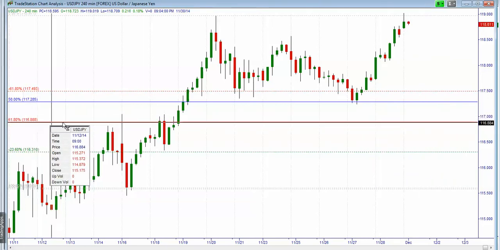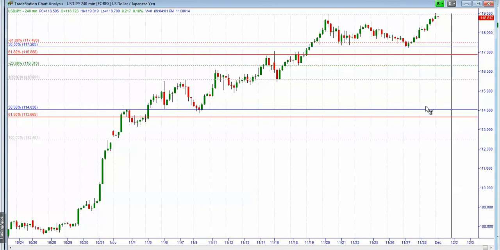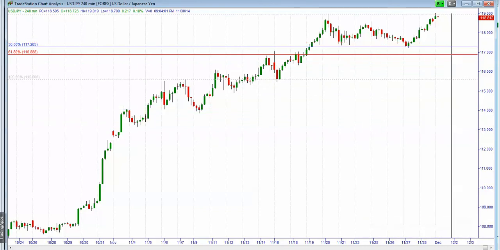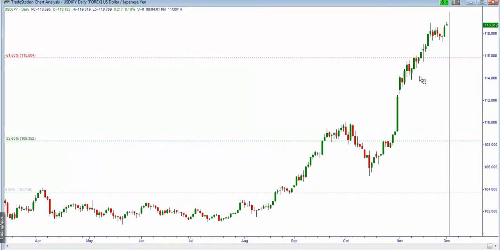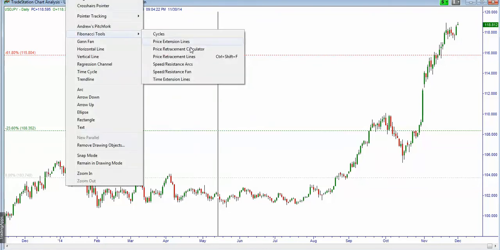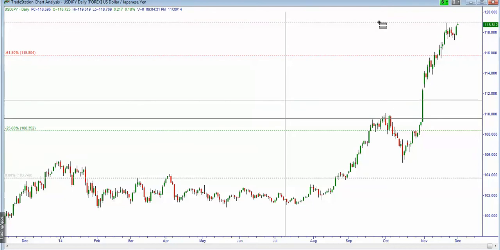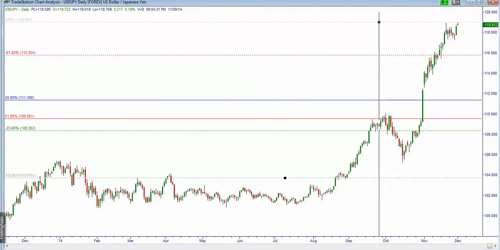So 116.86 would be the first indication that this market is actually continuing lower. As you know, my method is a trend following method, so first and second targets are not places where you short this market, but places where you get profit out of the market, and then you wait for the next weekly measured move to trade, and according to current highs, that level will be down at 111.40 here.